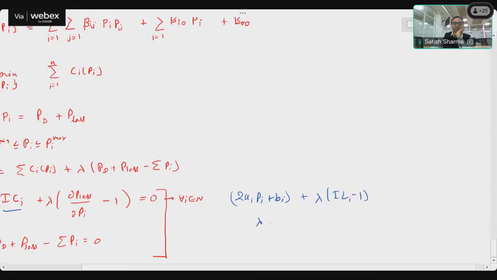So I can say Pi will be equal to lambda times incremental loss of the ith unit minus 1, divided by 2ai, and minus bi. Am I right? Is this clear, that this Pi value will be this?